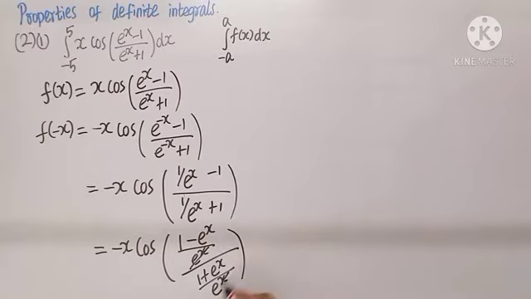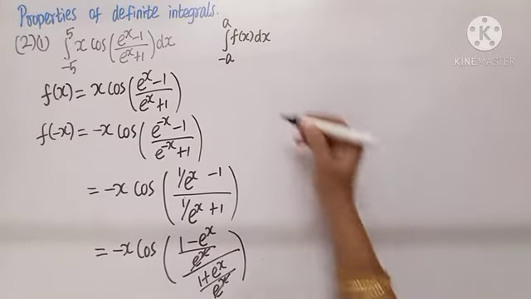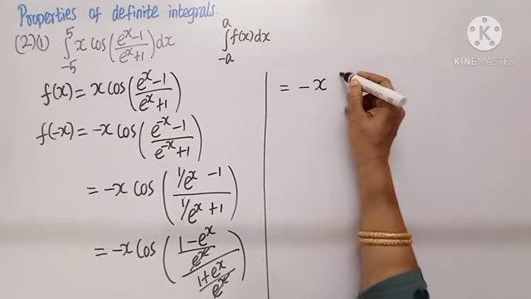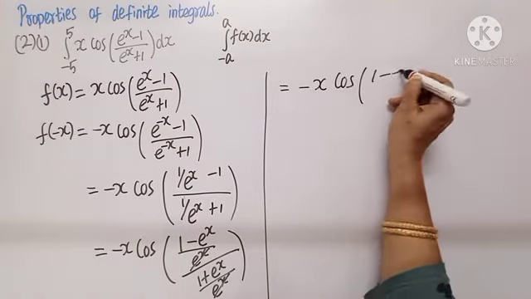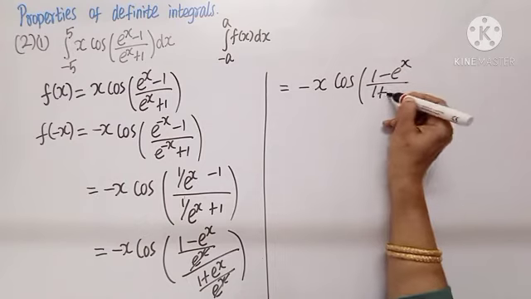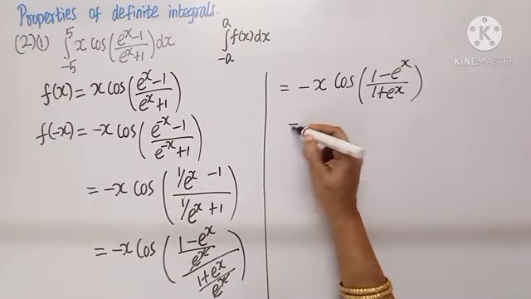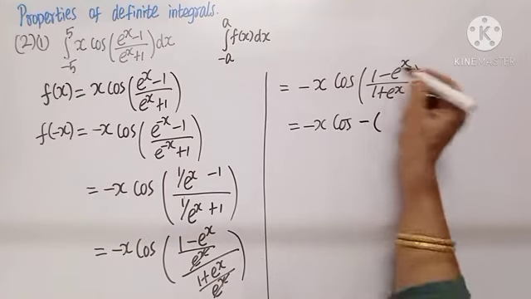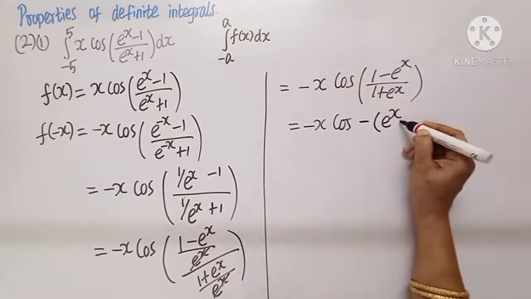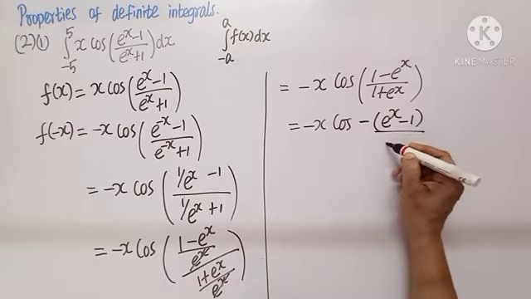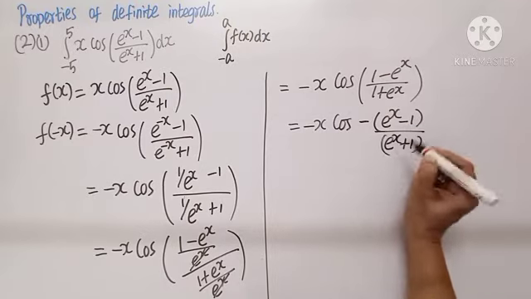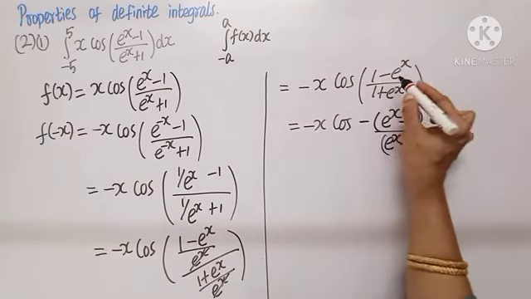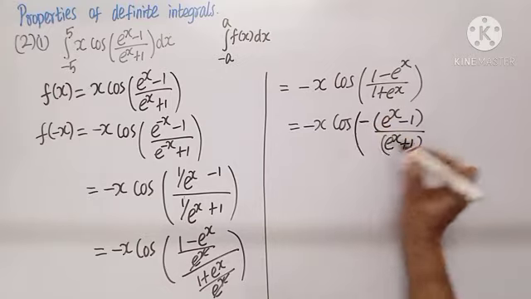E power x cancels. I can write it as minus x cos of (1 minus e power x) by (1 plus e power x). Change the symbol, that is take the minus symbol out. It is minus of (e power x minus 1) by (e power x plus 1). Denominator I copy as it is. Numerator I have taken a minus symbol.